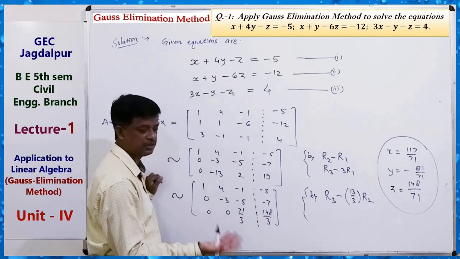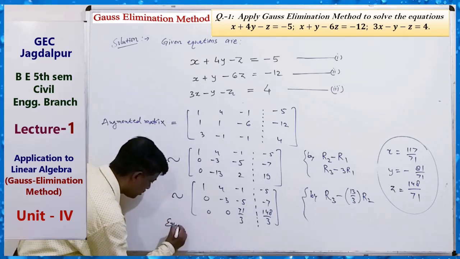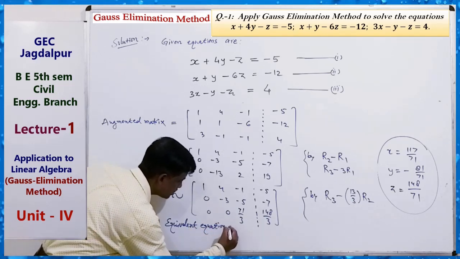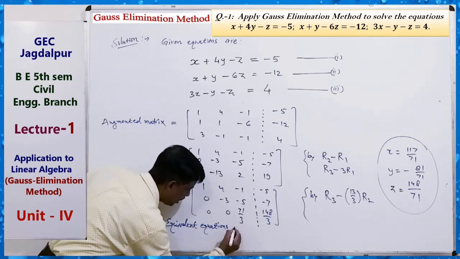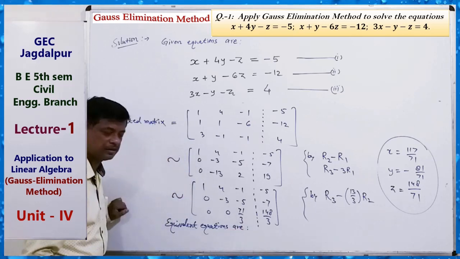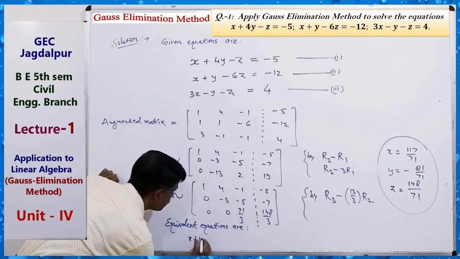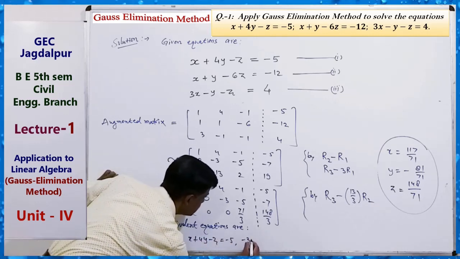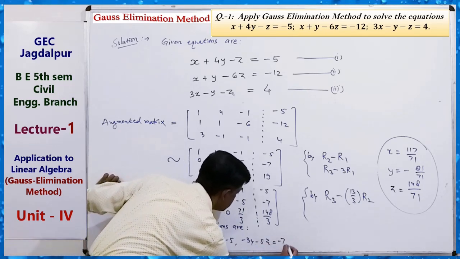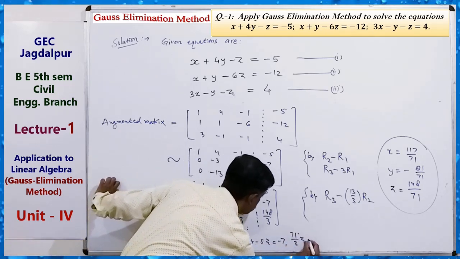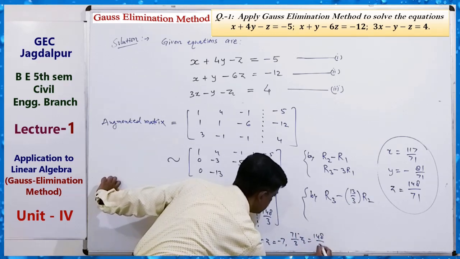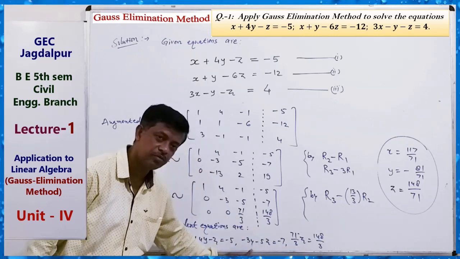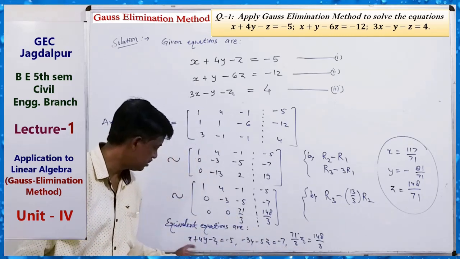So by back substitution we find z, then put it here to find y, and then put y and z here to find x.